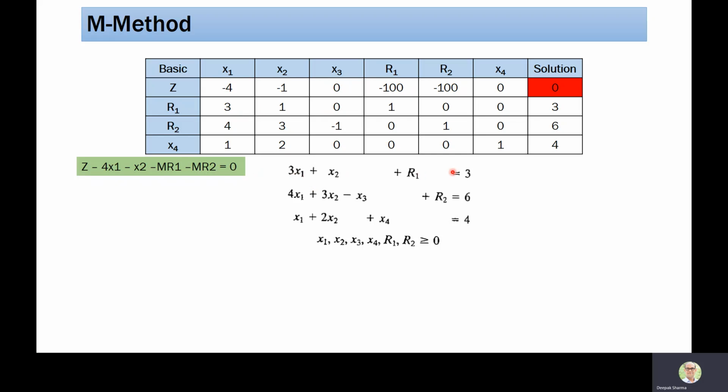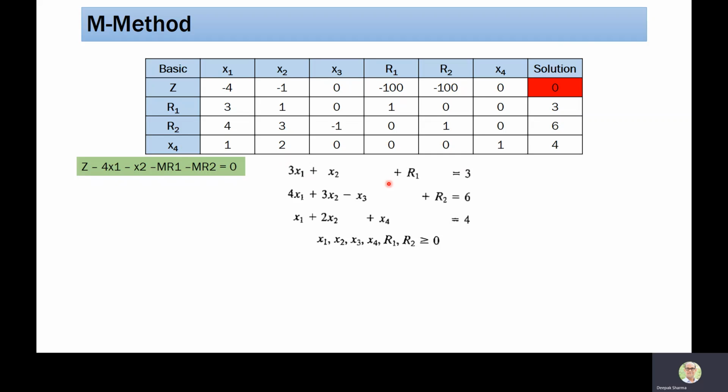Similarly, for equation number 1, that is constraint 1, the coefficient is 3, 1, and R1 is also 1. So 3, 1, the coefficient of x3 is 0, the coefficient of R1 is 1, 0, 0, and the right hand side is 3, written under the column of solution. Similarly, I can fill all the entries for the R2 row and X4 row.